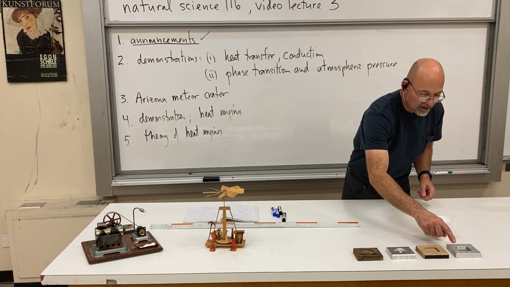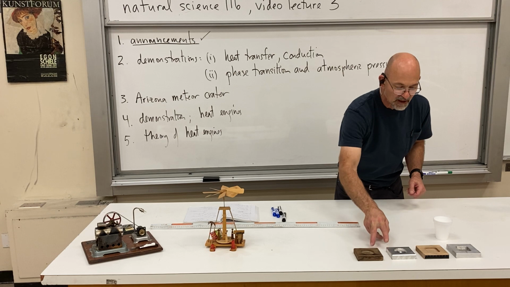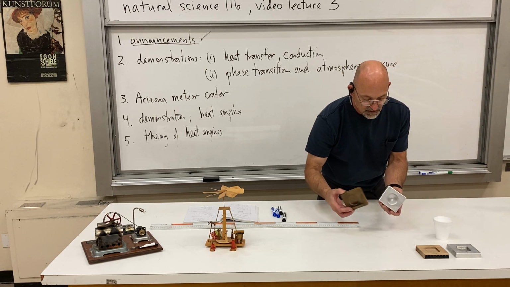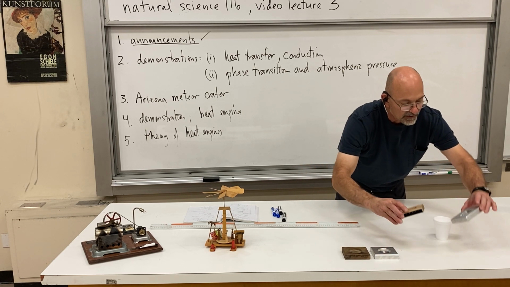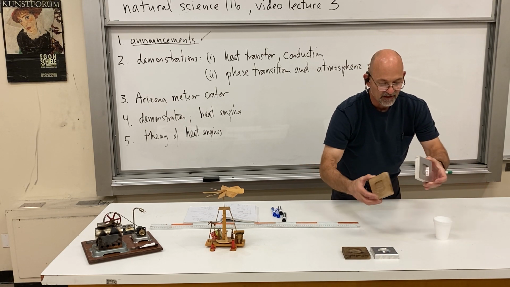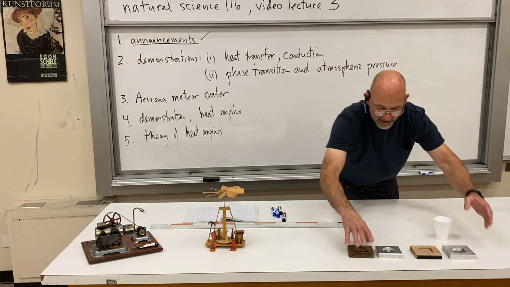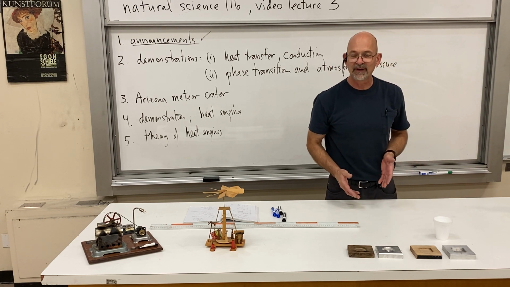So these are the aluminum, wood, and another pair of aluminum and wood blocks. This one was made by John Beckman some years back, and this one is made by our current shop guy, Dave. The point is that they've been stored in the same cabinet since the beginning of time, so they're at the same temperature.